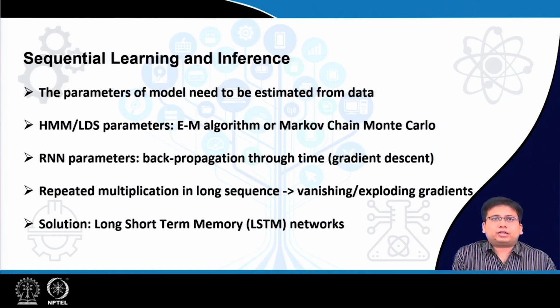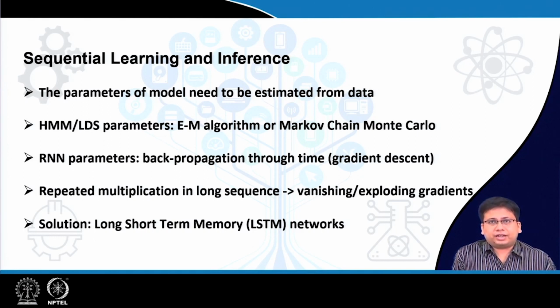However, when we are dealing with long sequences, this gradient descent causes us to multiply long chains of these derivatives, and as a result, because we are multiplying so many numbers, it often happens that these gradients either tend to 0 or tend to infinity. You can easily understand that.